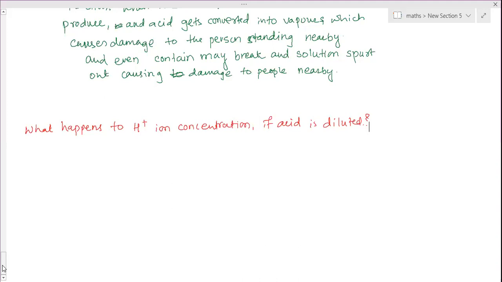Now, let me ask you one simple question. Take one glass of water and add five spoons of sugar. Taste it. Will it be sweet? Yes, it is much sweeter.